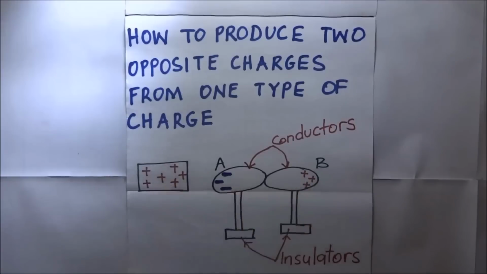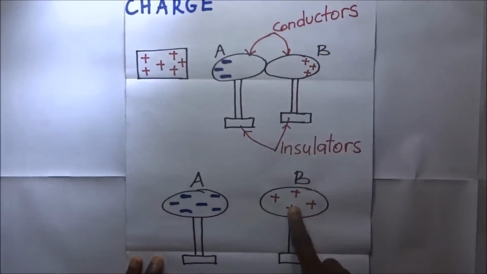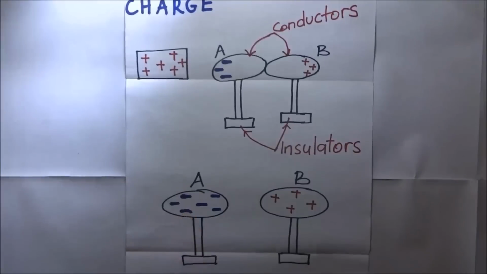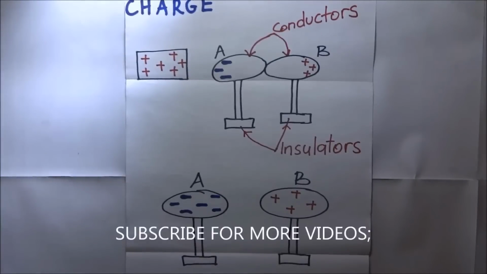When you separate the two, you'll find that conductor B has a predominantly positive charge and A is negatively charged, and that is how we induce two opposite charges using one type of charge. Now we should take note that in conductors it is only negative charges that flow.